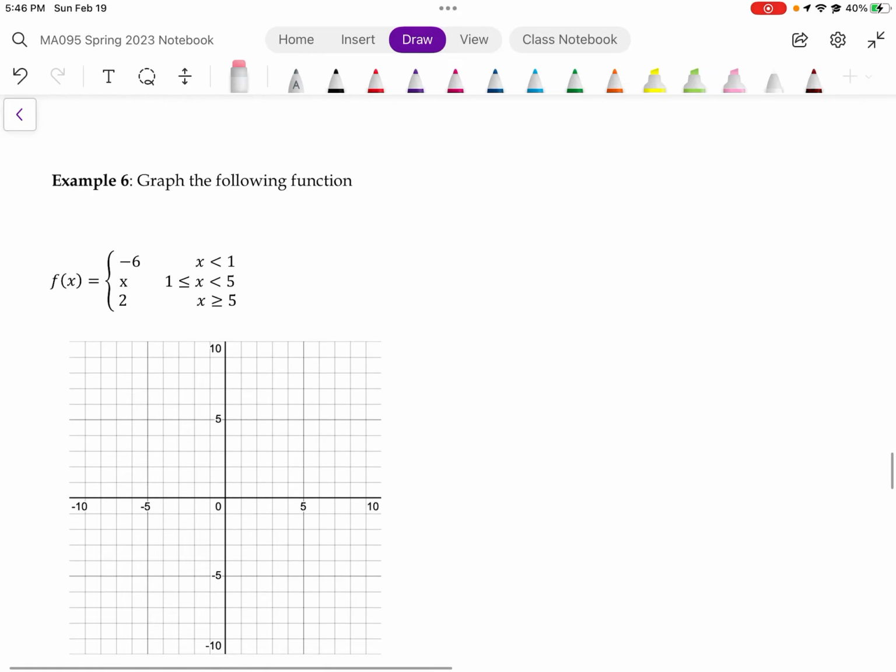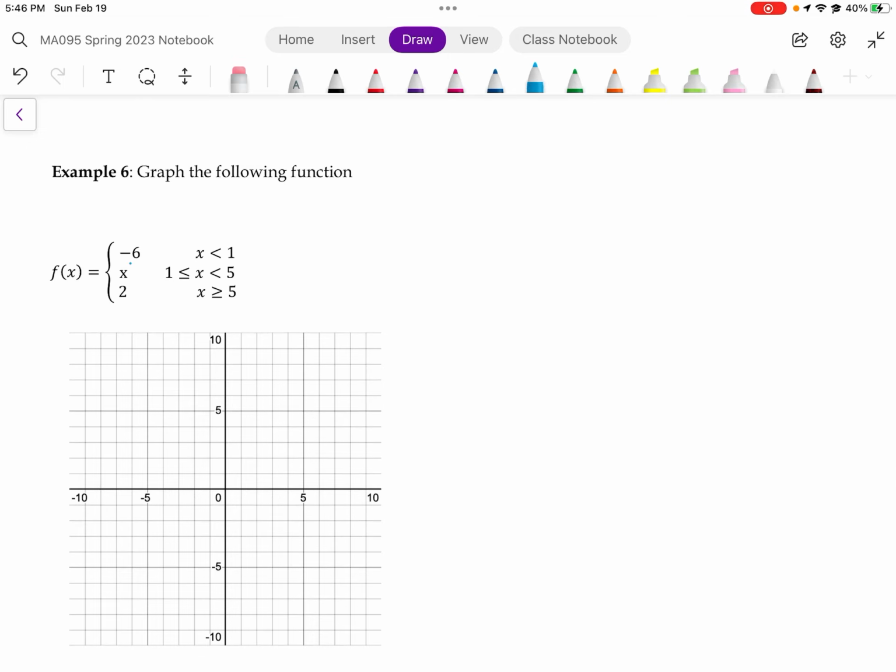All right, now here's a different kind. Notice that the middle one is not just a horizontal line, so we're going to have to think about that one. So let's do the two other parts first. We've got f of x equals -6 when x is less than 1.